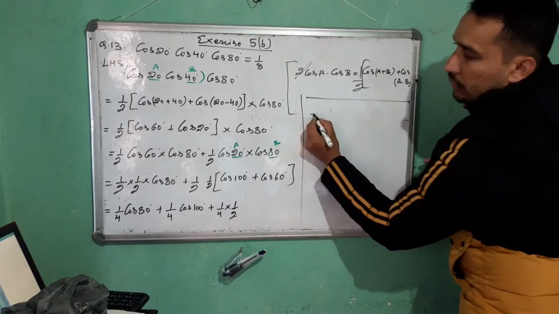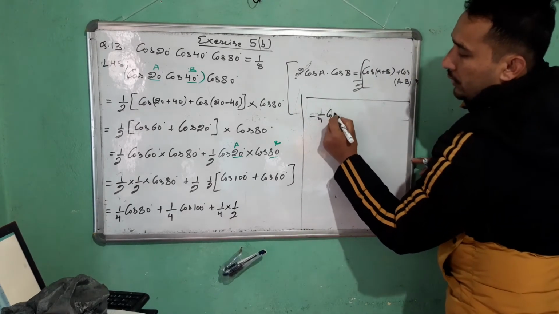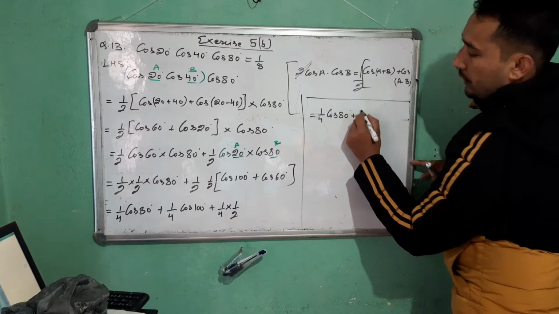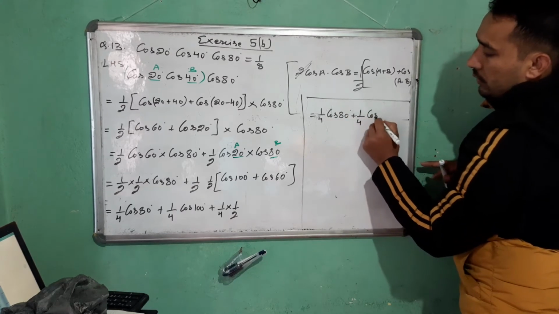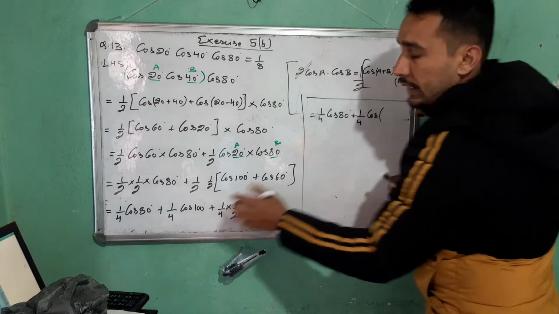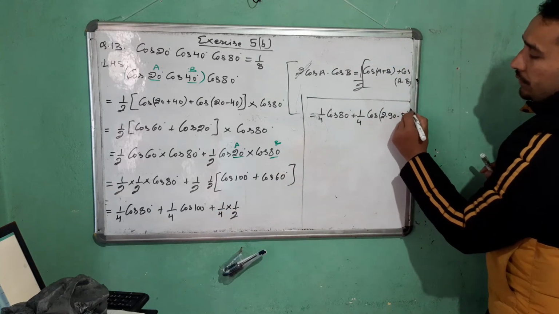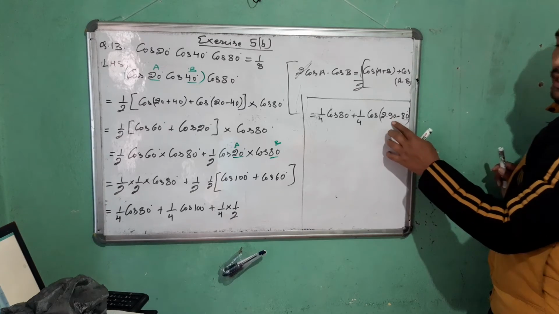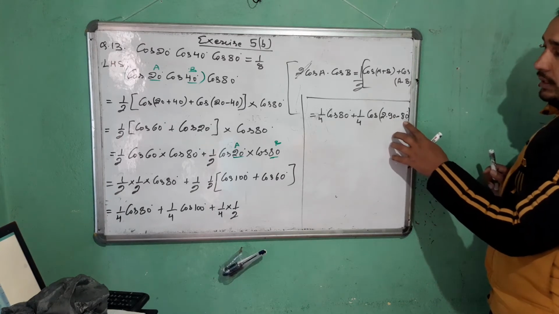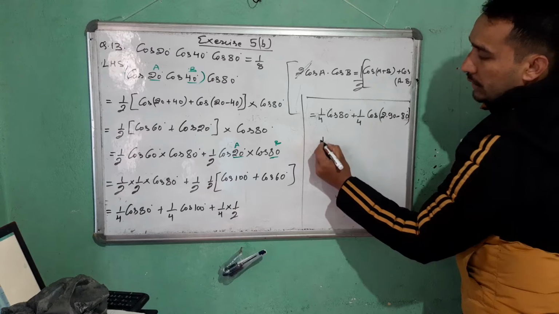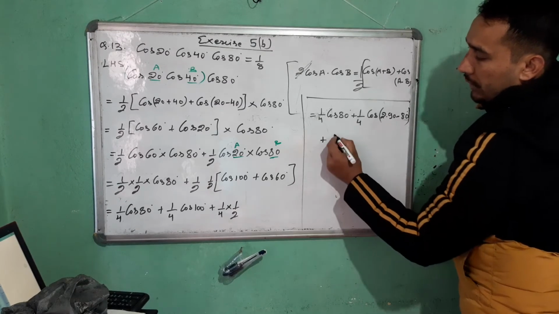So this will be equal to 1 by 4 cos 80 degree plus 1 by 4 cos 100 degree, which can be written as 2 into 90 minus 80. You can write like this: 2 into 90 is 180 minus 80 gives 100 degree, plus 1 by 4 into 1 by 2, which is 1 by 8.